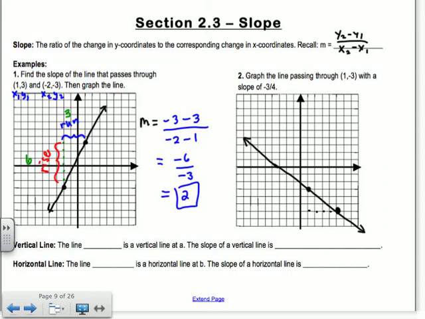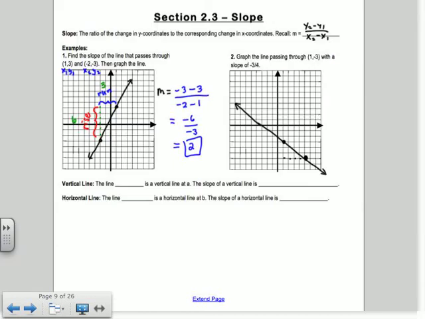Okay, vertical lines. Let's think about it. So a vertical line, let's see, I was going through 3. This point is (3, 0). I have (3, 1). If I wanted (3, 2), (3, 3), (3, -1), all of those points.